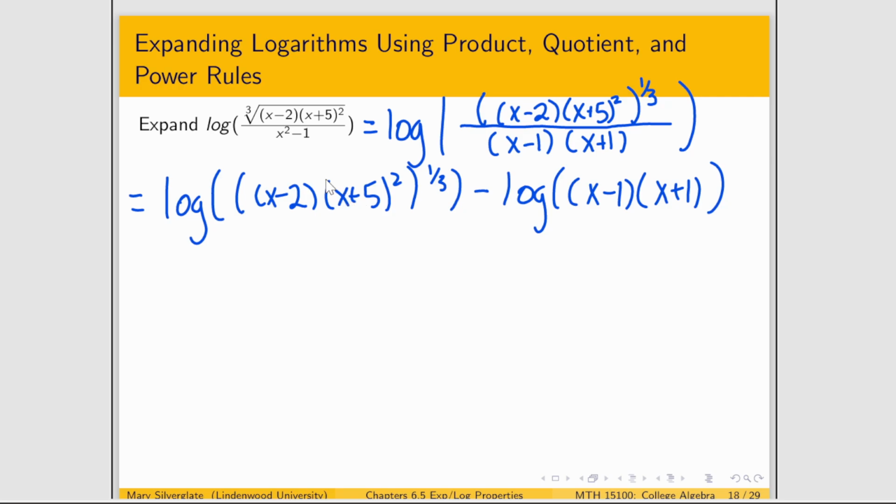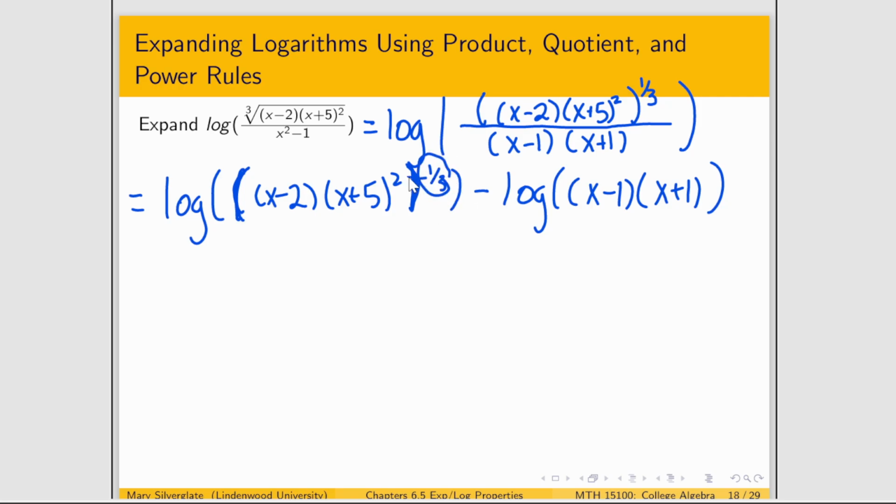Now, this is a case where that order I told you, you have to think about order of operations a little bit more. Since this entire thing is being taken to the 1/3 power, that's sort of the outside power, and for this outside power, there's nothing else being further multiplied. So I do want to deal with this power first.